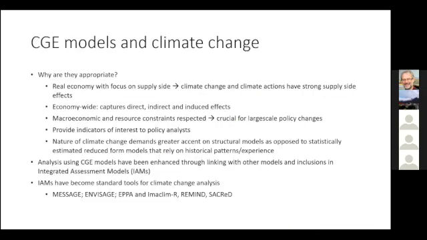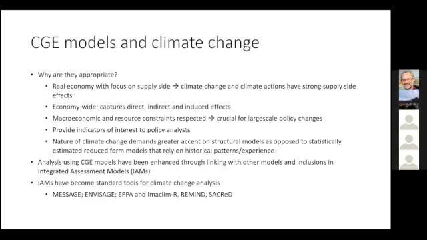Okay, so I'm going to switch quickly to looking at CGE models and their application to climate change. CGE models are appropriate for looking at climate change issues because they are real economy models with a focus on the supply side, and climate change and climate actions have strong supply-side effects. They are economy-wide, so they enable us to look at direct, indirect, and induced effects.